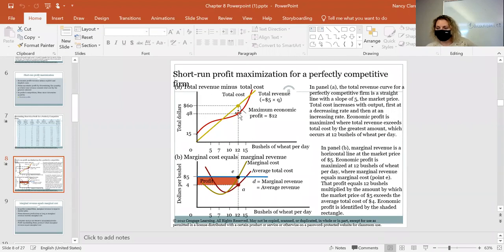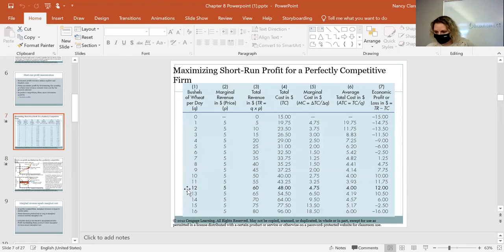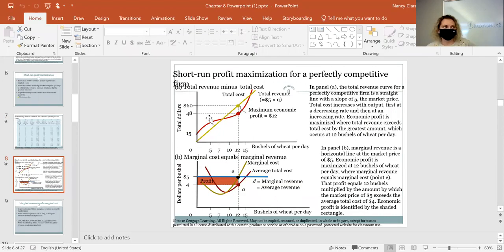So I found the greatest vertical distance at 12 units, where total cost is 48 and total revenue is 60, and the difference, which is my profit, revenue minus cost, is $12 in profit. We already know that, because we already looked at this. That's my greatest profit, happening right there at 12 units.